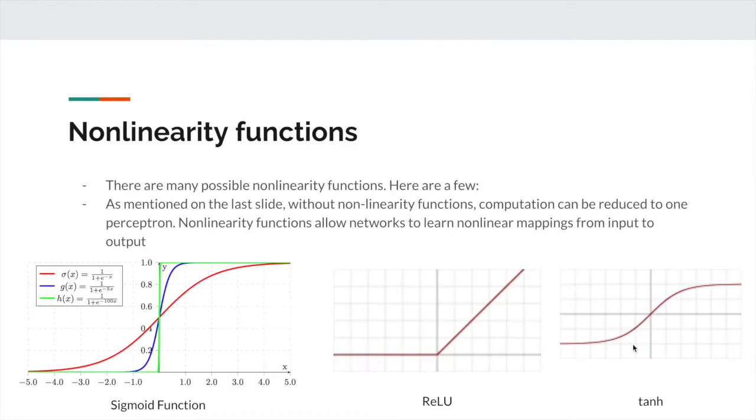Okay. So the nonlinearity functions are included in the neuron for the same reason that the bias is included. Basically, if you don't have a nonlinearity function, the span of different functions that you can represent is limited, right? What ends up happening is if you don't push these values through a nonlinearity function, the whole set of operations can just be condensed to one linear operation.